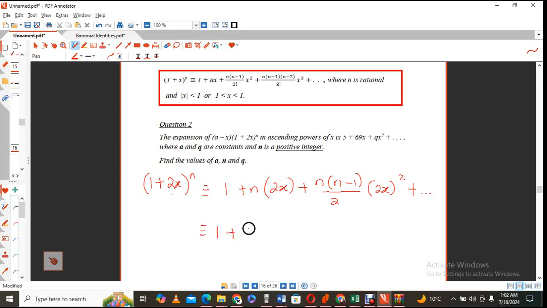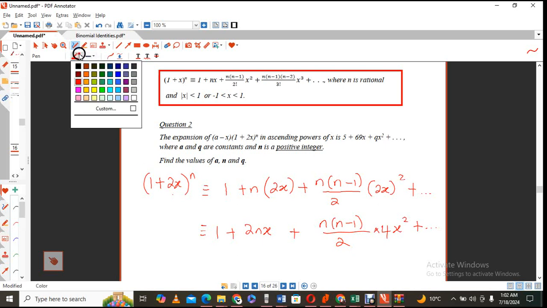It's 1 plus 2nx, plus, because that's a 4 when you square the 2x, n times (n minus 1) over 2 times 4x squared, plus dot dot dot.